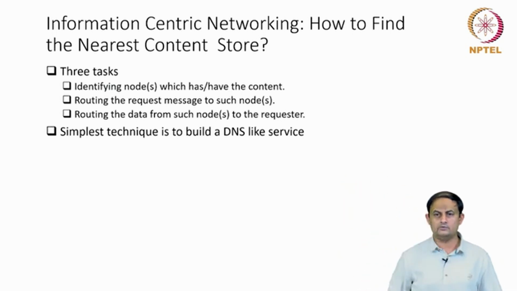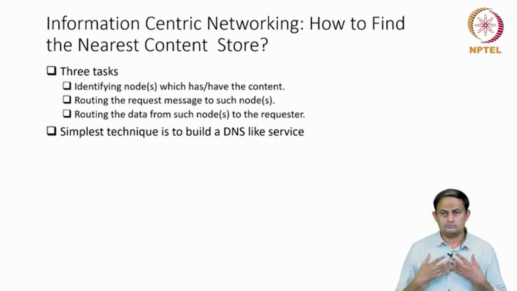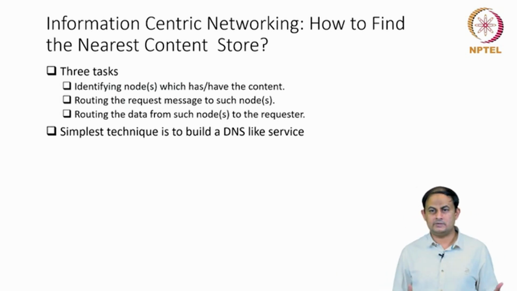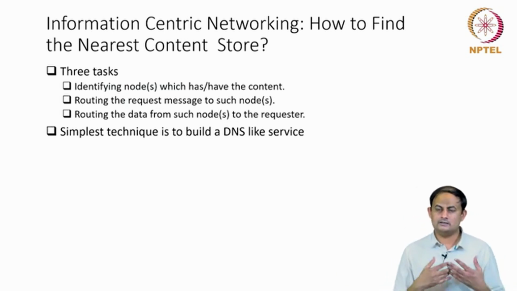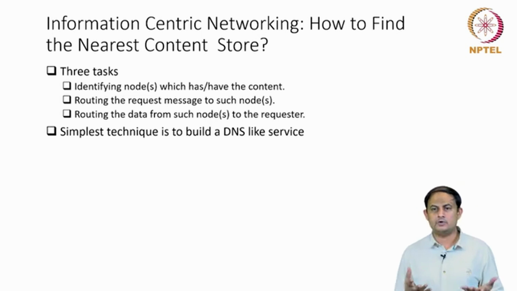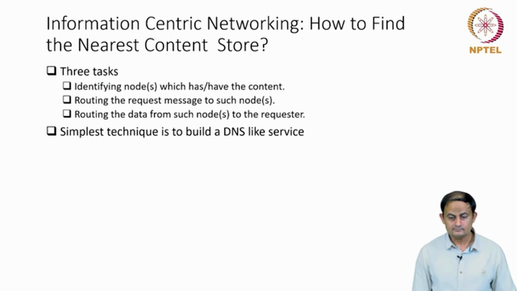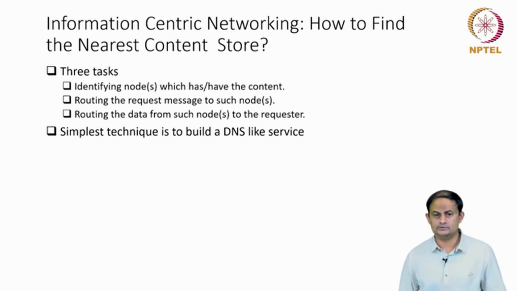All of that it needs to know. So, can we build such a service? In reality, the answer at this point of time is not clear, but this is a thought process. That is one issue that we can address with caching the content.